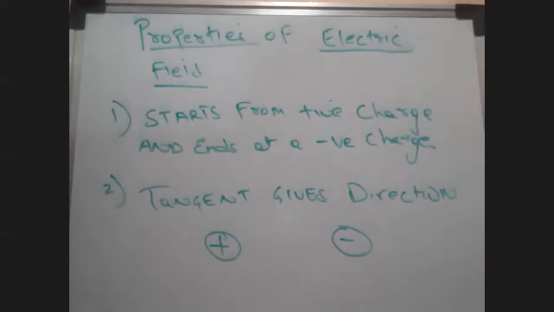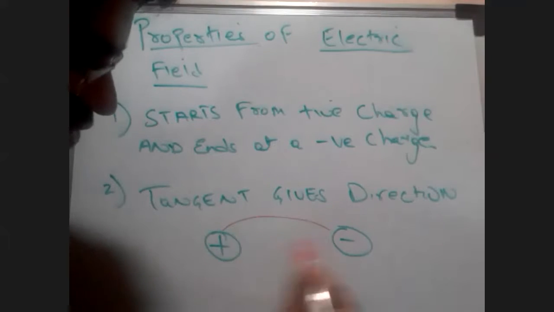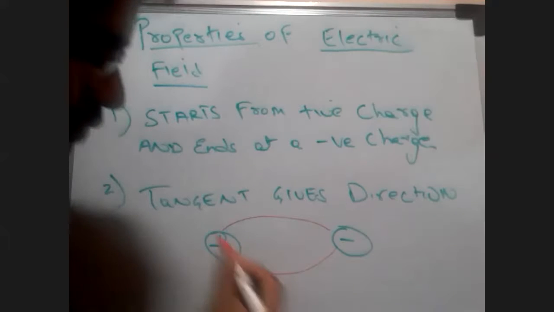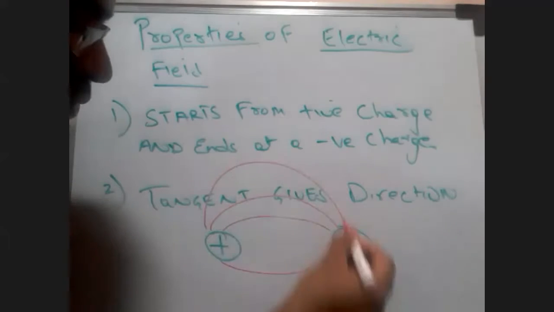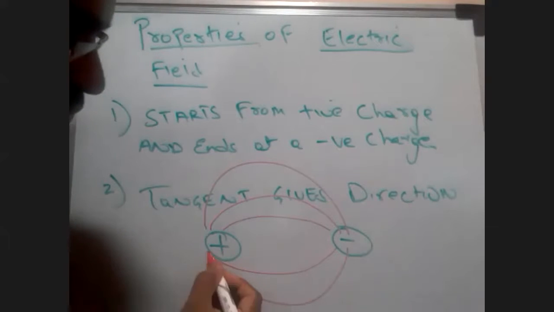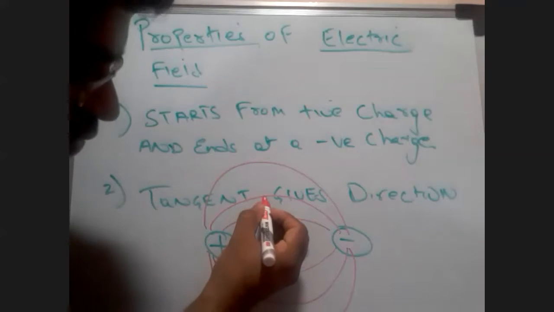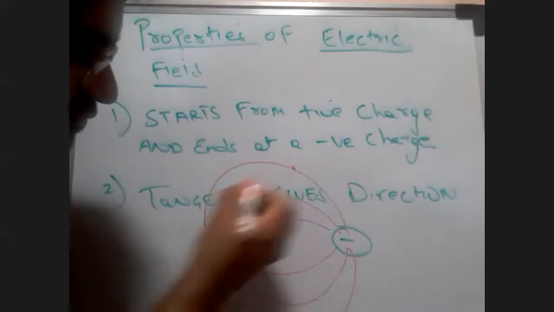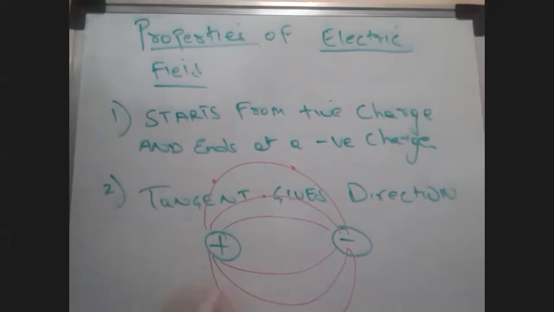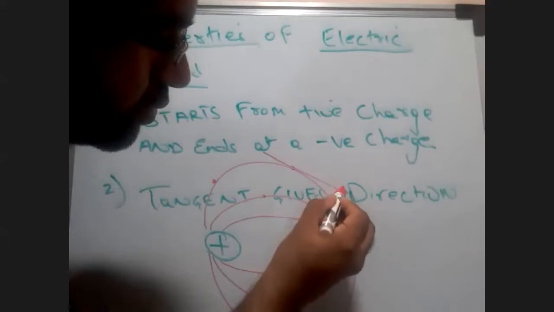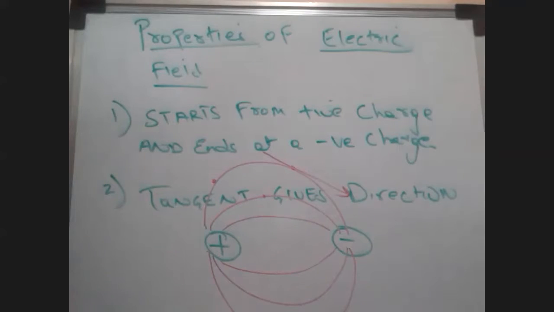I'm just drawing a graph. When you look at these field lines, at every point you can take a tangent and it will give you the direction at every point.